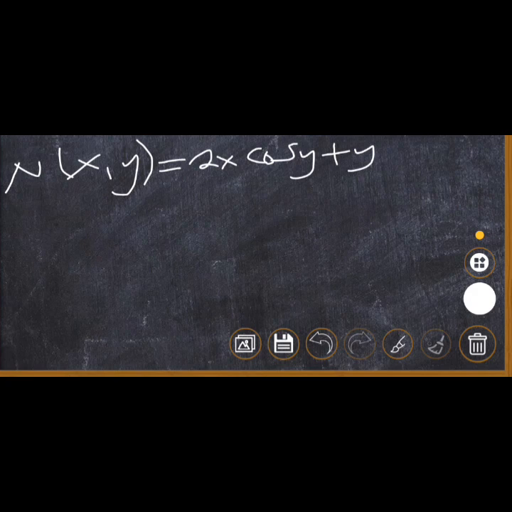So let's differentiate this. We have the differential of n with respect to x. Here we are just going to differentiate the part that has x. So now the part that has x is this part here.